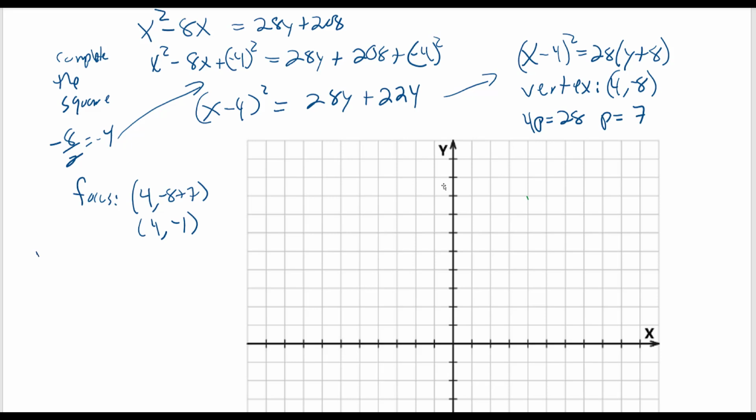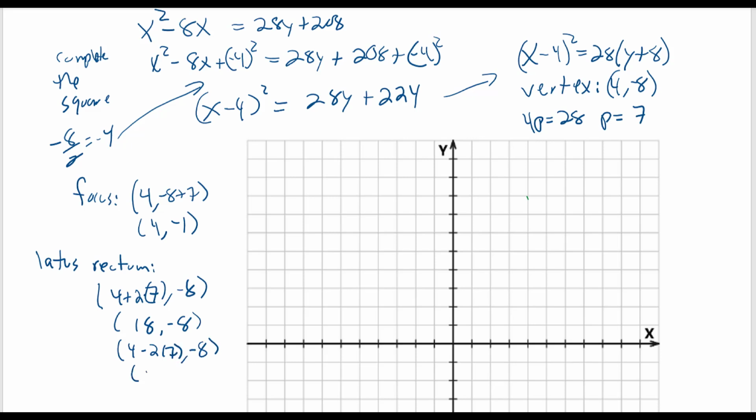So our latus rectum is going to be at 4 plus 2 times 7 comma negative 8. That's, sorry, that's 18, negative 8. And then it's at 4 minus 2 times 7, negative 8.